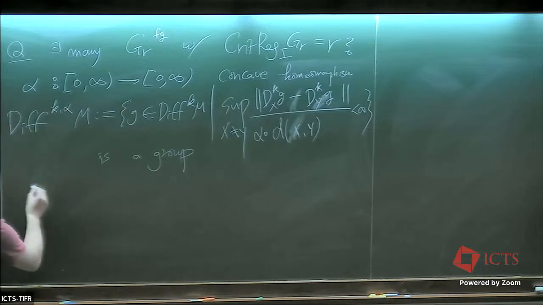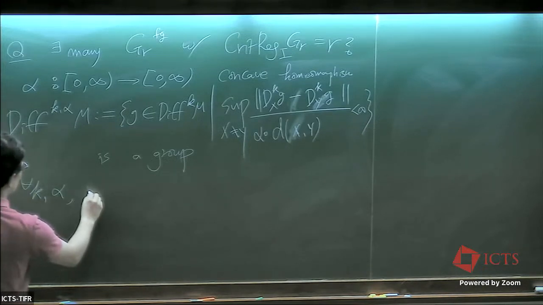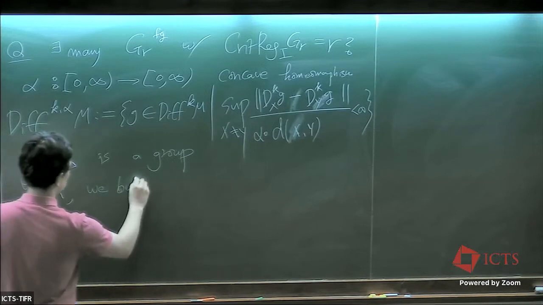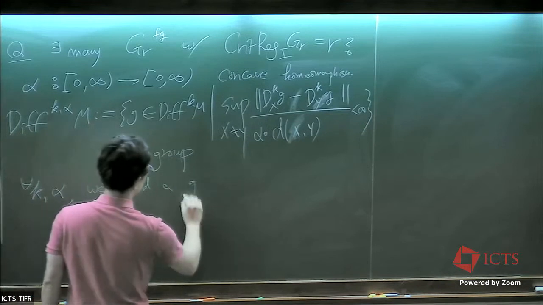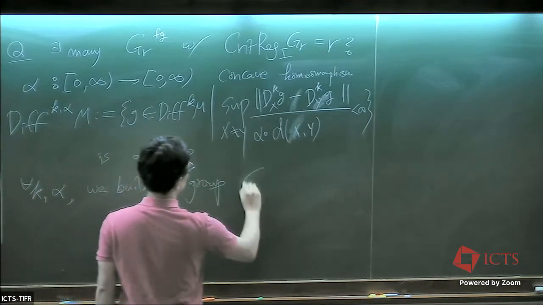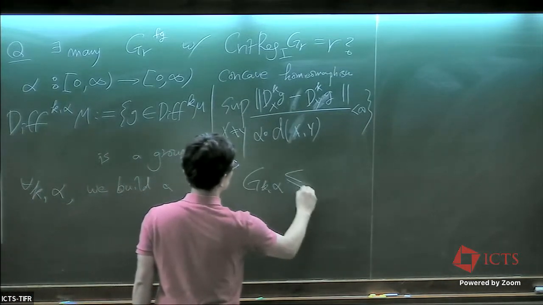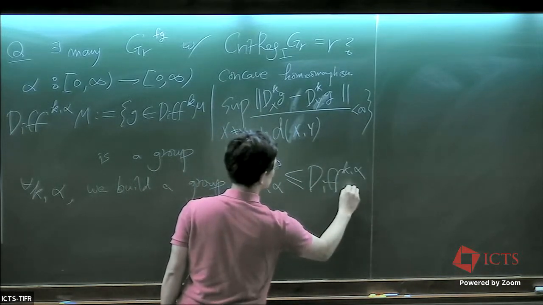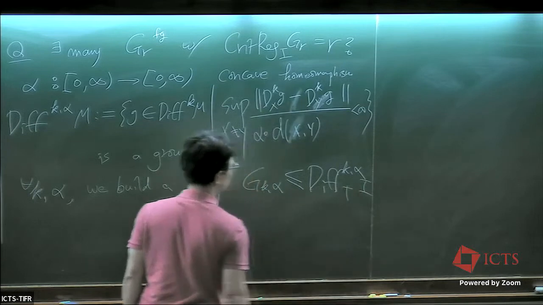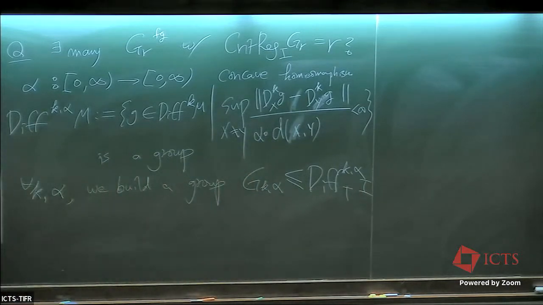And our theorem is basically: for all k and alpha, up to some error, we build a group G_{k,alpha} inside Diff^{k,alpha}, such that the regularity cannot be enhanced by considering another embedding.